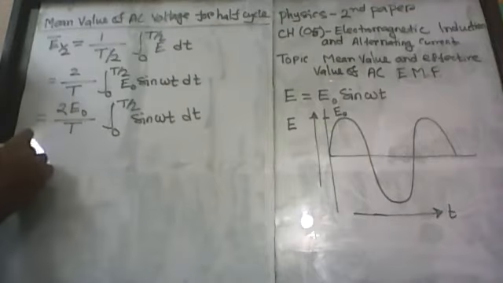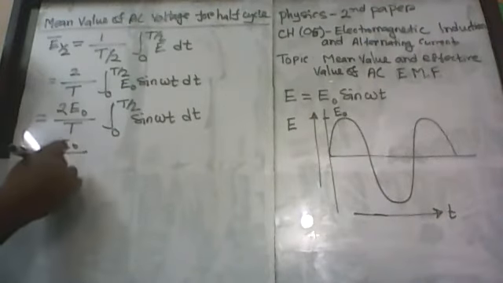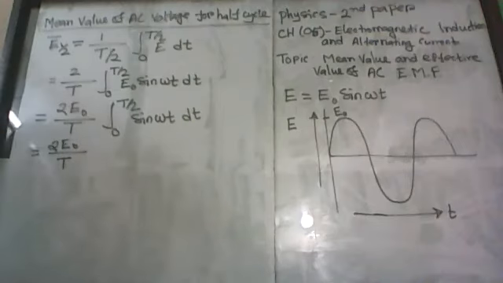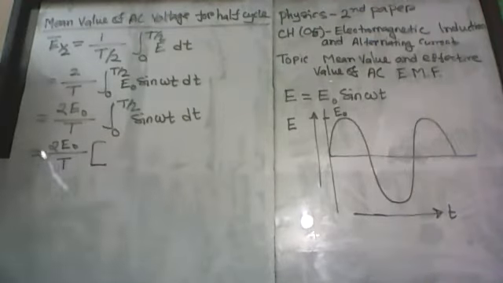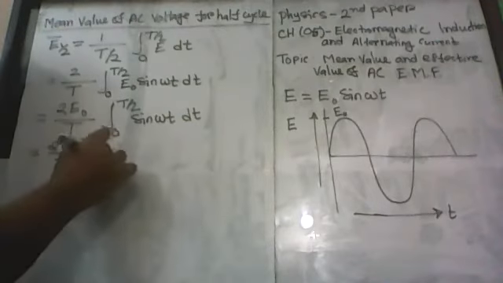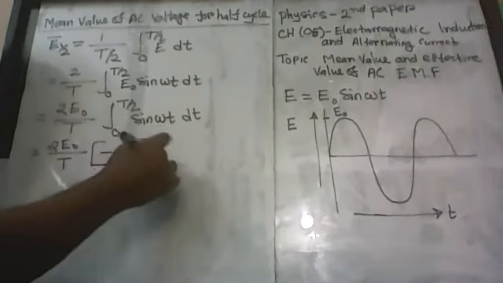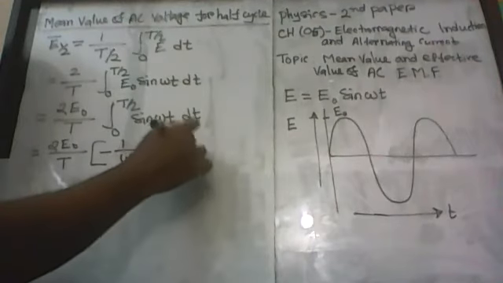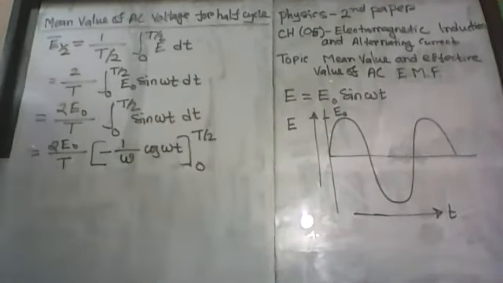So I'm going to write 2E0 divided by T, and we integrate sin ωt dt. It equals minus 1 divided by ω cos ωt, with limits 0 to T by 2.